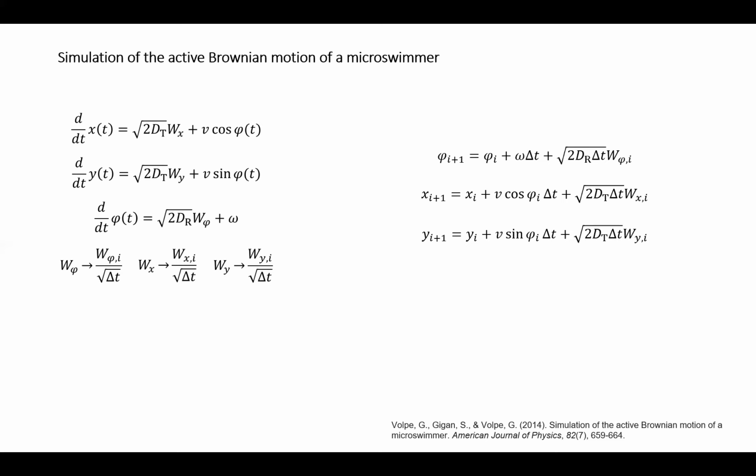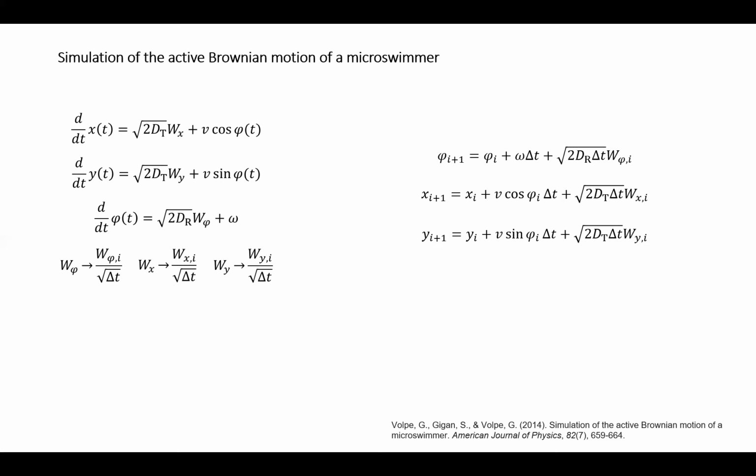So instead of updating X and Y with the velocity, which is also related to the orientation of the particle, we also update the angle every time step so that it is changing slightly due to the rotational diffusion. And these are the exact difference equations we are going to apply when we update this particle, if we are talking about single microswimmer motion.